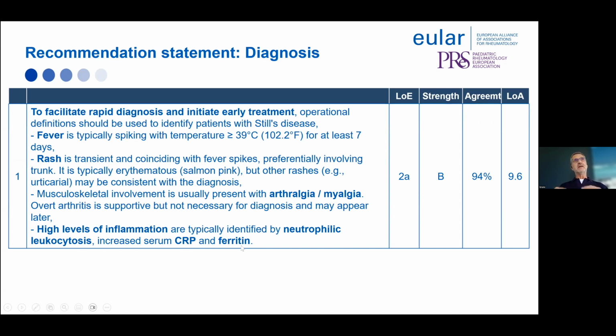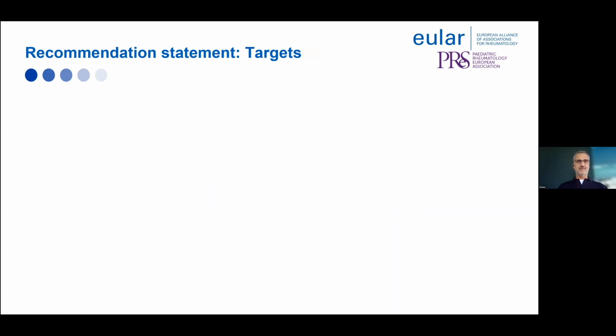Ferritin is not fully specific of Still disease, but compared to many other inflammatory diseases, Still disease is the one where ferritin is the highest. And ferritin is very closely related to IL-18. So it reinforces the link between Still disease, IL-18, and ferritin.